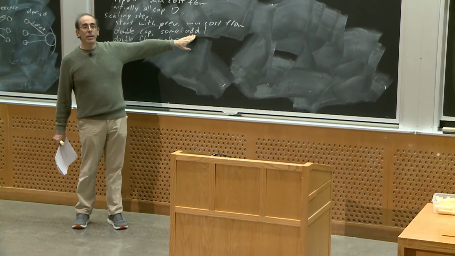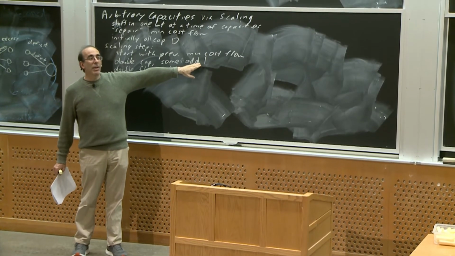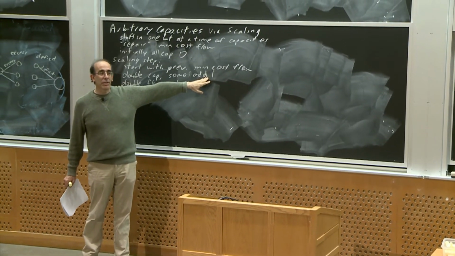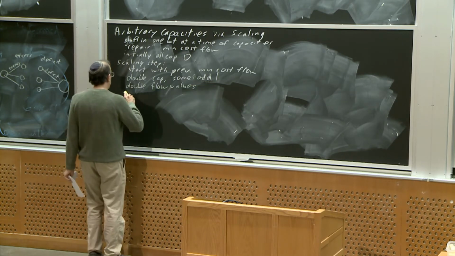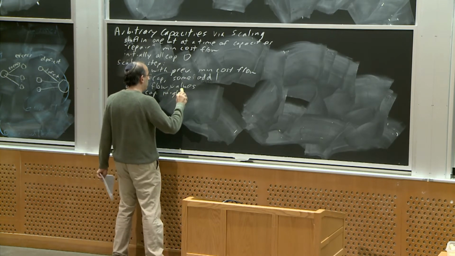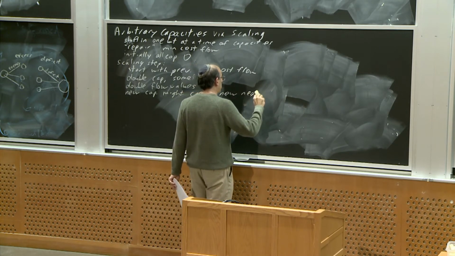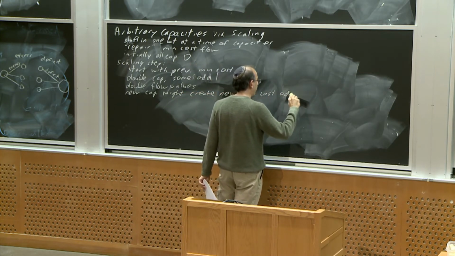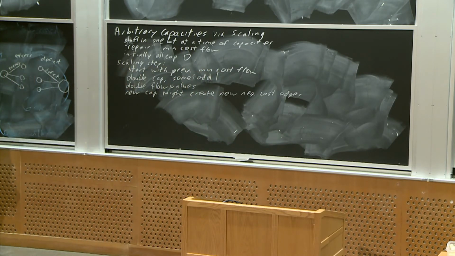So we are sometimes creating capacity, and that means there might be some new negative cost edges in the graph, which could contribute to negative cost cycles, which could make our flow not min cost.